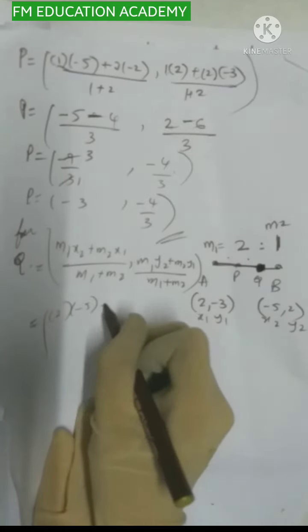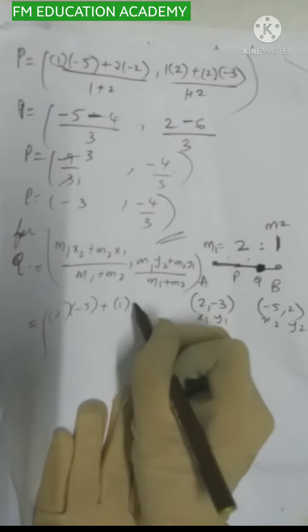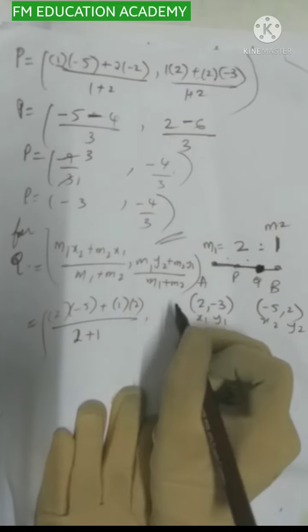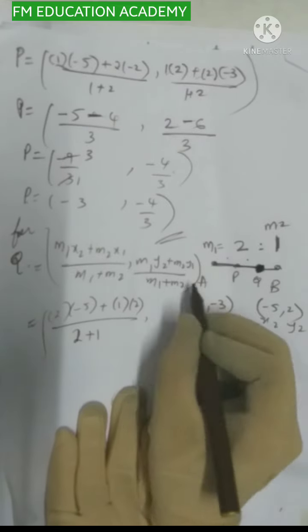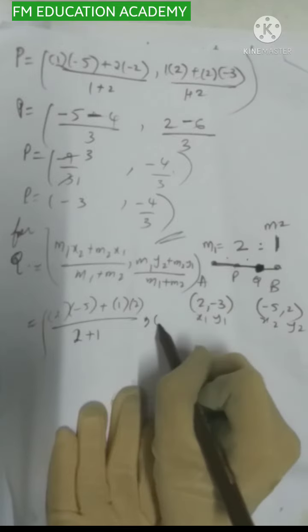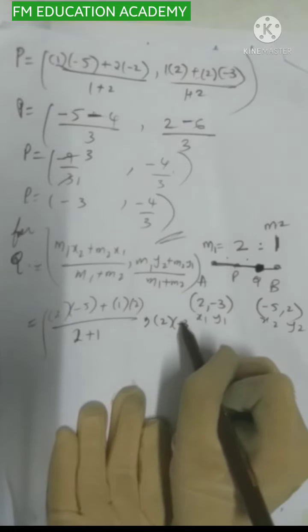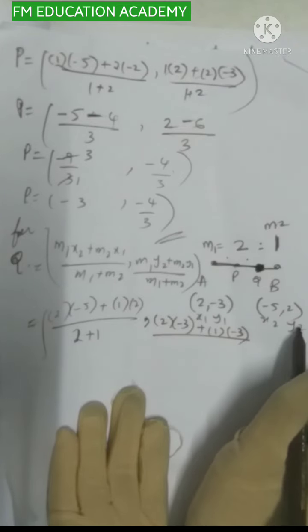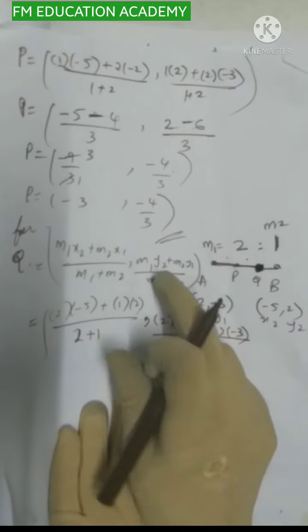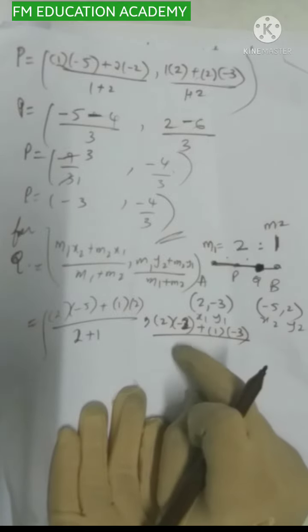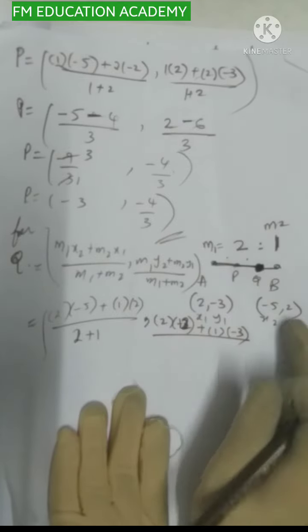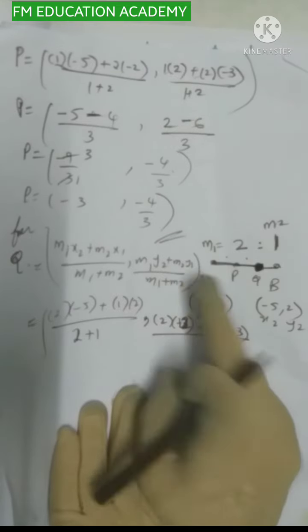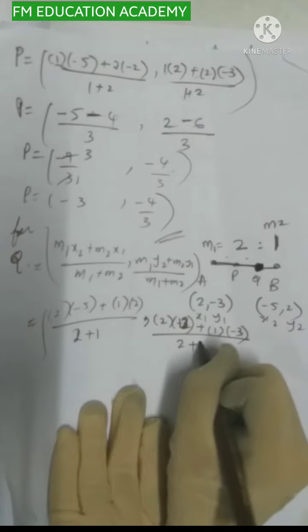Minus 5, plus m2 is 1 into x1 is 2, by m1 plus m2, 2 plus 1, comma m1 is 2 into y2 is 2, plus m2 is 1 and y1 is minus 3, by 2 plus 1.